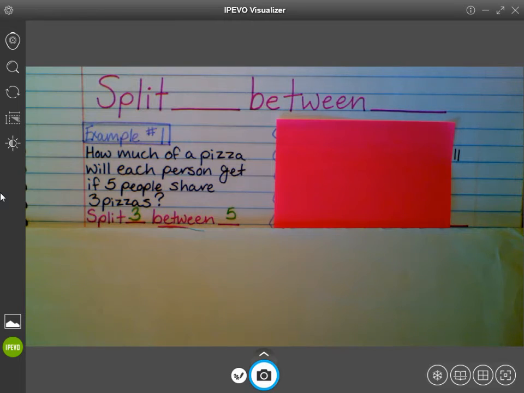So for example, if I was saying the division problem was 1 divided by 2 for another problem, I put 1 divided by 2 equals 1 over 2. So write the division problem and the fraction. If we're splitting 3 between 5, what does that look like as a division problem and a fraction? Give me a thumbs up when you're at least ready to look at this as a class.